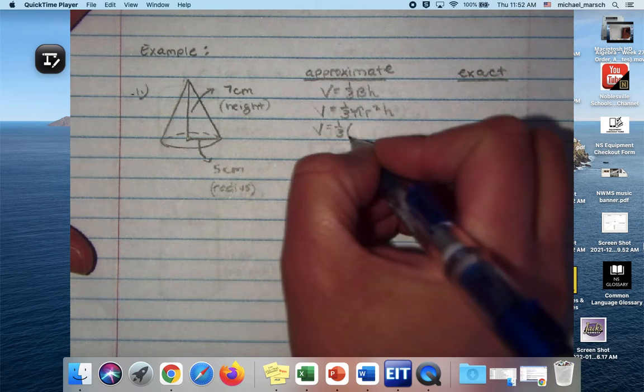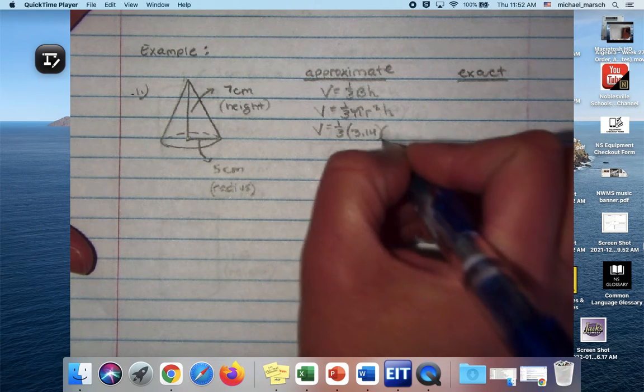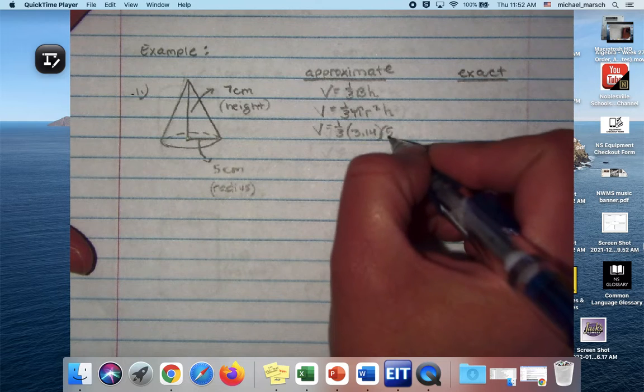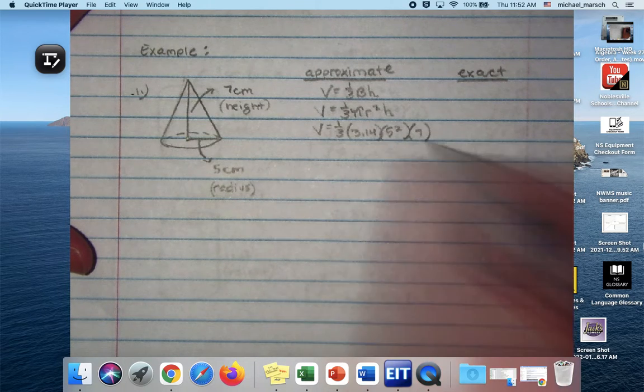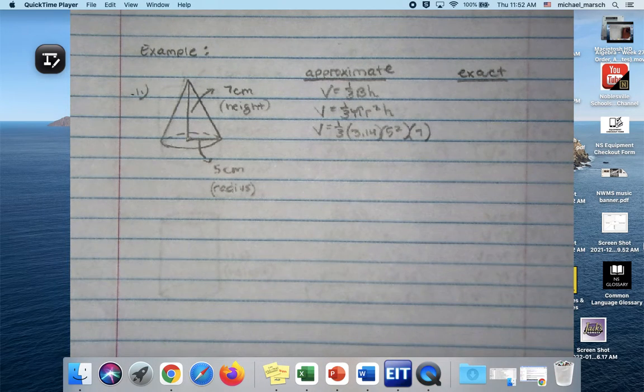One-third of 3.14 times 5 squared times 7. I'm just bringing that 1/3 down each step. I don't do anything with it until the very last step.